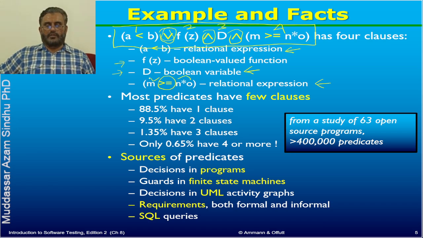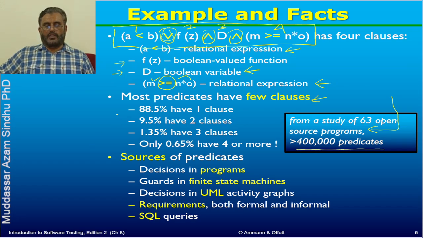A clause will not contain any logical operator like and, or, not, implies, equivalence, or exclusive or. Generally, the predicates we use in computer programs have very few clauses. This is based on a study of 63 open source programs, consisting of more than 400,000 predicates.